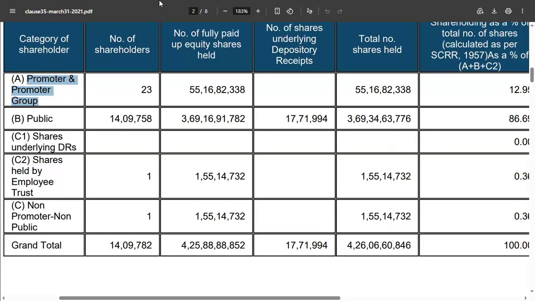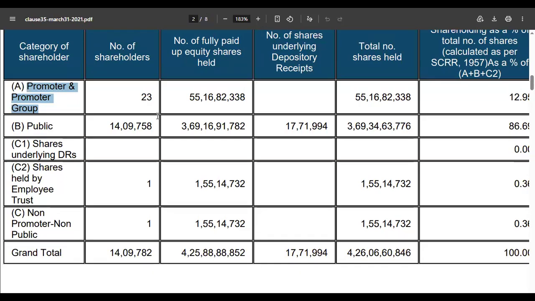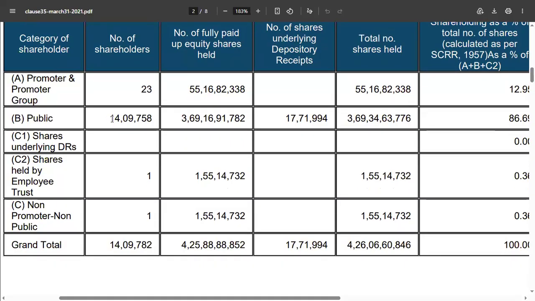And how many people hold shares? The number of promoters is 23. And if you look at the non-promoters or public shareholding, it is around 14 lakhs 9,758. So 23 people are the actual owners who laid the foundation of Infosys.